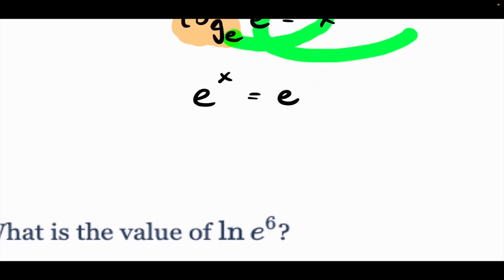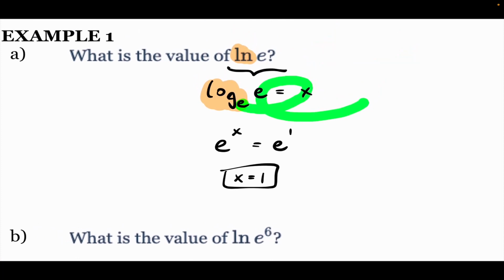What power does this guy have? If there is no power, it's always 1. So how do I make them equal? What power do I need to put here to make them the same? The missing exponent is 1. If it had a 1, they'd be the same.